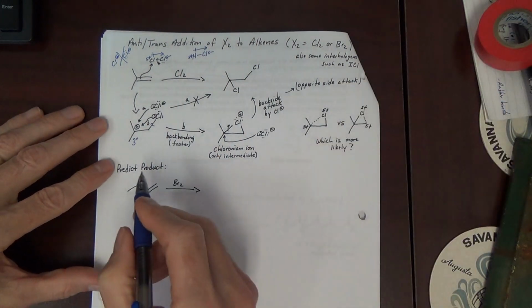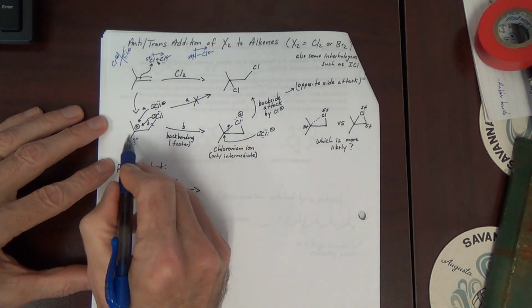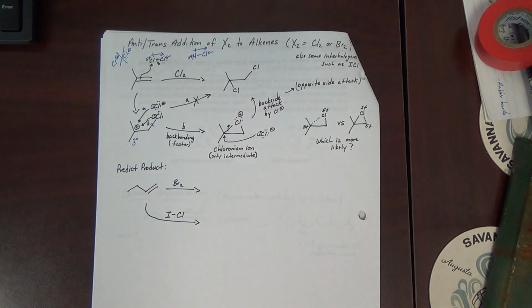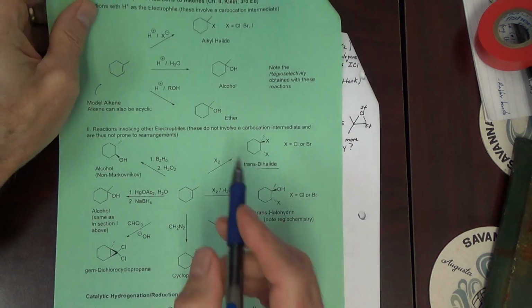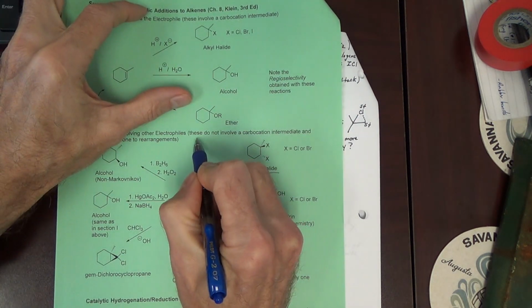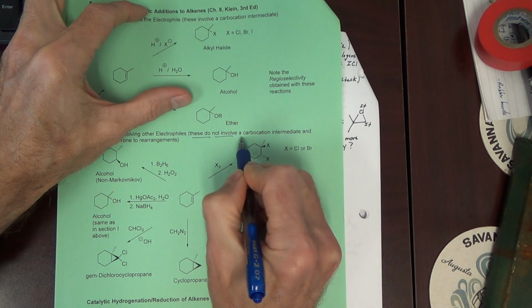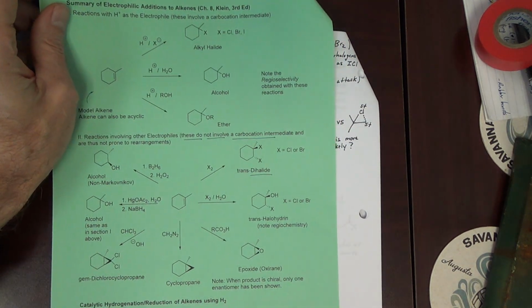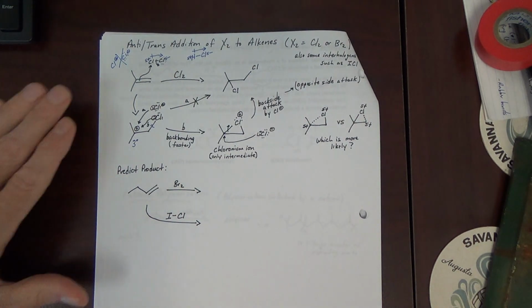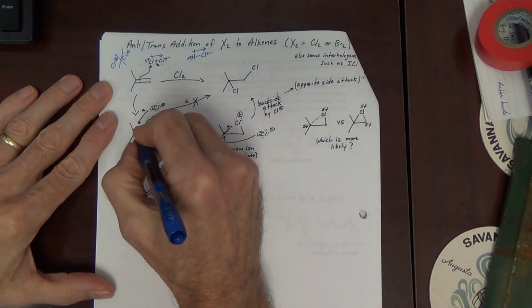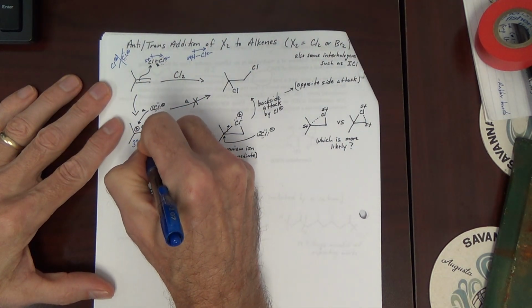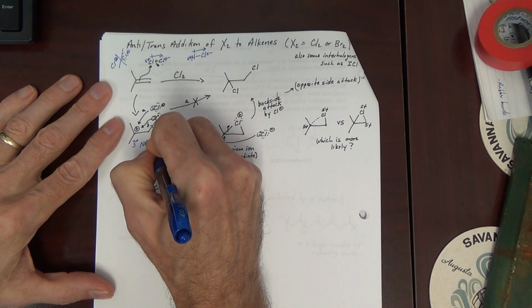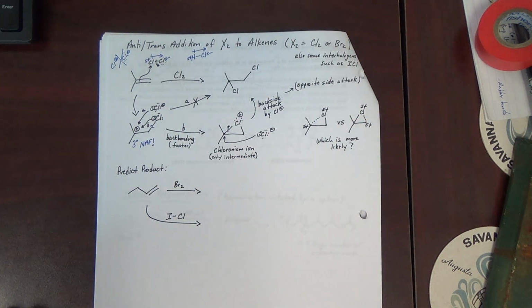First off, we need to say something about this. This is a carbocation intermediate. But didn't we say that these reactions do not involve a carbocation intermediate? That's right. That's because this carbocation intermediate is not actually formed. I'm kind of lying to you.